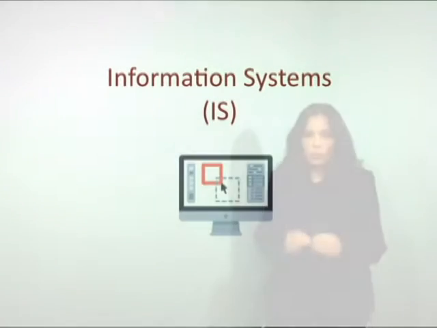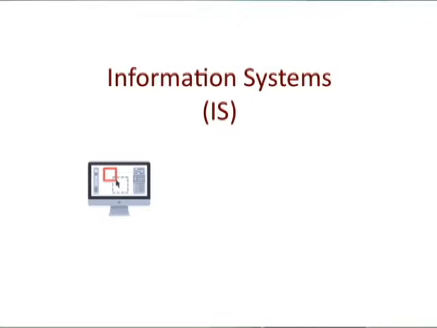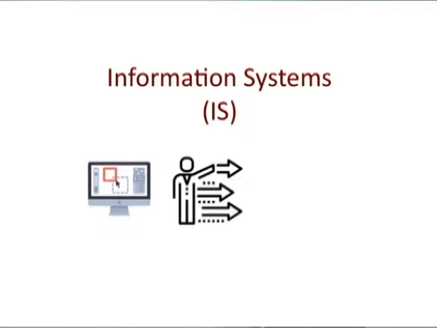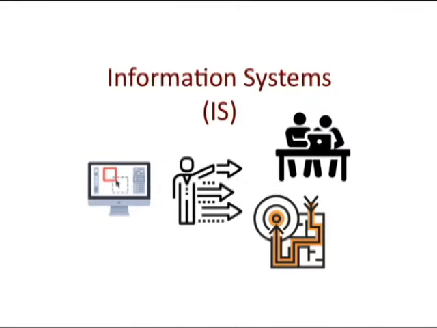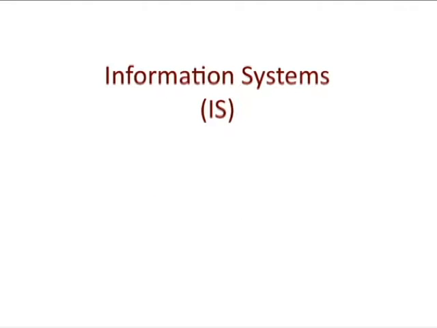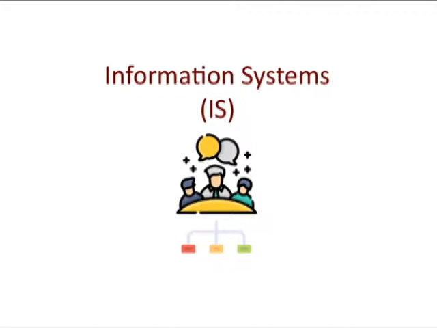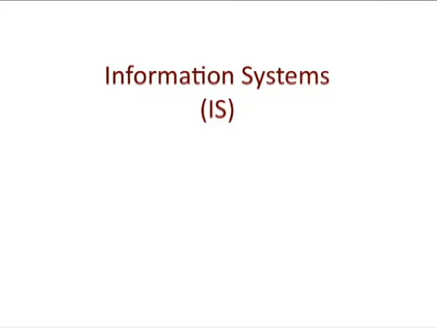When we think about information systems, we immediately think of computers. But they involve more than that. They involve all the activities necessary to use information and related technologies for the benefit of a certain entity. Those activities can take place at strategic level or even at operational level.